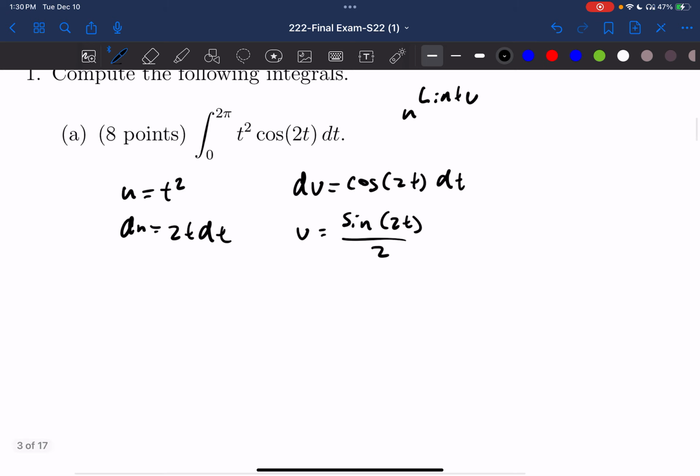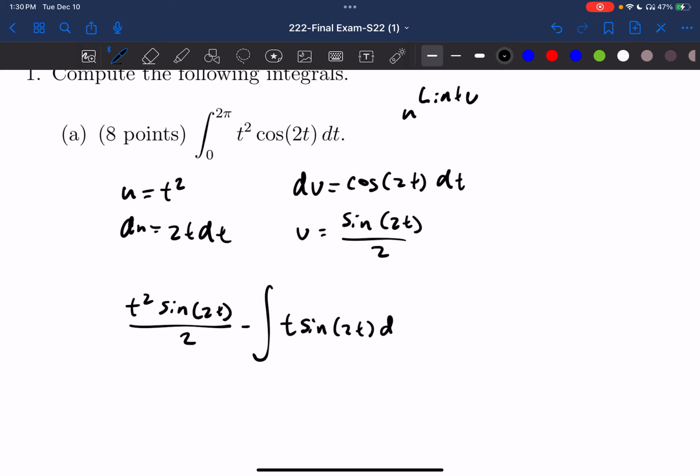Now applying our integration by parts, we will get t squared sine of 2t divided by 2 minus the integral. Notice this 2 and this 2 will cancel. Therefore, we'll just have t sine 2t dt.